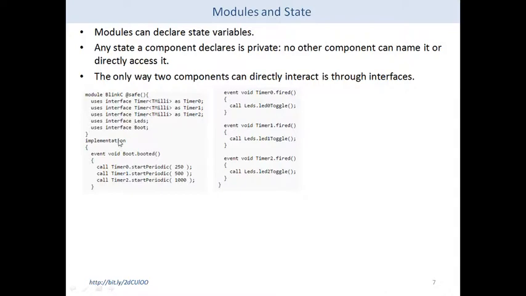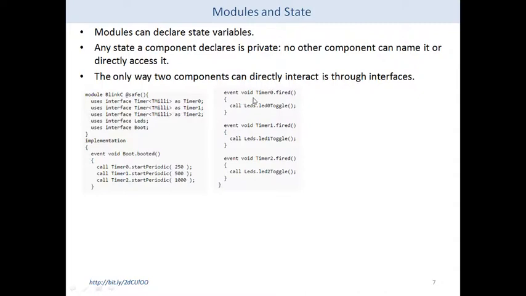In the implementation section of this module, we fire three or four events. In the first event, there is a booted event. When your hardware is booted, it will initialize these three timers, timer 0, 1 and 2, with 250, 500 and 1000 milliseconds.